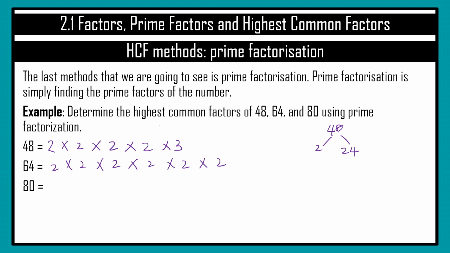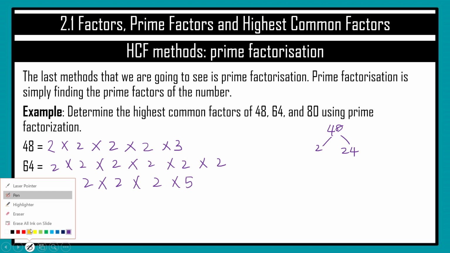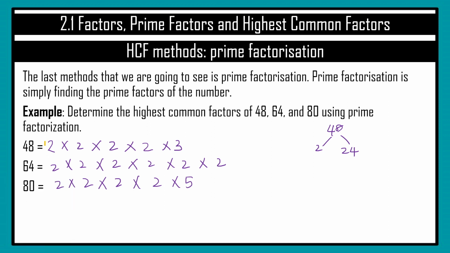alright, so an 80 will be like this. Alright, so I'm going to bring all the common ones together. So it will be this, this, and this.